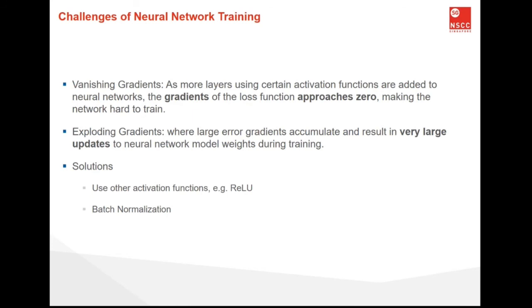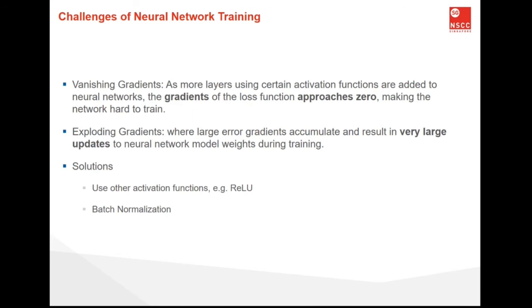Therefore, a large change in the input of the sigmoid function will cause a small change in the output. Hence, the derivative becomes very small. For shallow networks with only a few layers that use these activations, this isn't a big problem. However, when more layers are added, it can cause the gradient to be too small for training to work effectively.